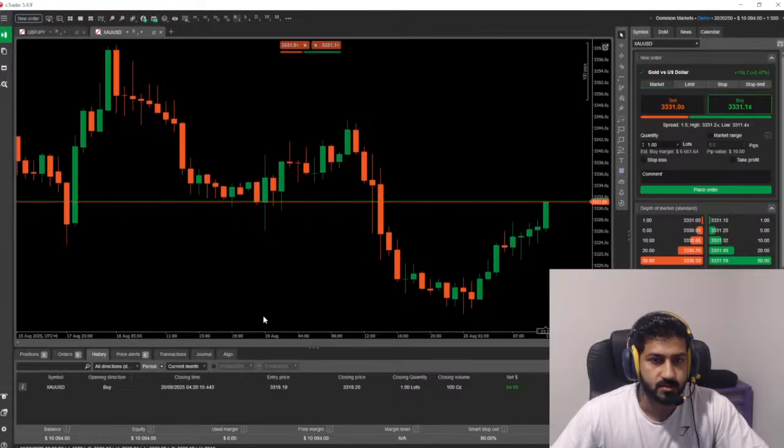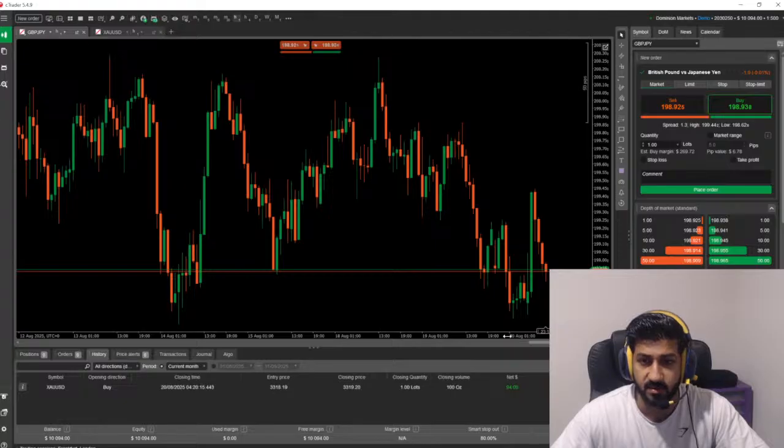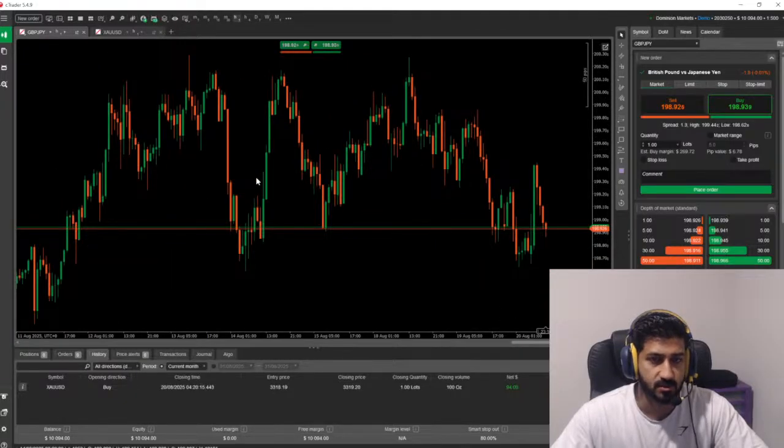What you're seeing on the screen is cTrader. I am trying it out. I haven't done anything on the charts. I just made sure the colors of the candlesticks are the way that I like, the way that I'm more comfortable, and the background is black.